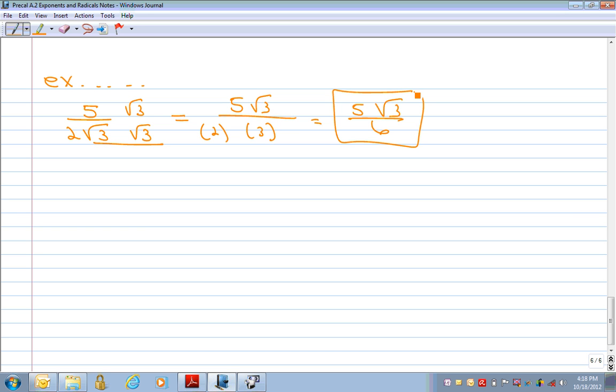Let's look at another one kind of like that. This time we're going to say 2 over the cube root of 5. Okay, the only way to get rid of that is for us to rationalize. To get rid of a cube root, you have to have 3 5s underneath the house.